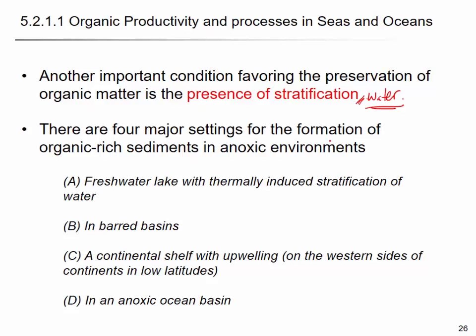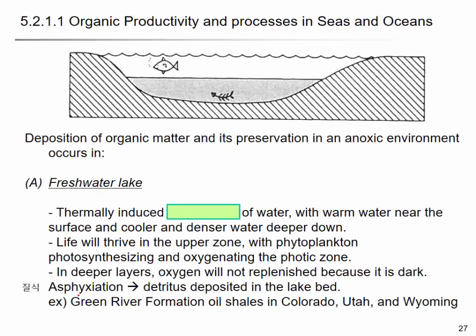There are 4 major settings for the formation of organic-rich sediment in anoxic environments. A to D, we will have the 4 conditions, and let's look at them briefly one by one. First one is the freshwater lake, with thermally induced stratification of water. So you have a density difference between the shallow water and the deep water. You have denser water deep down, so this denser water doesn't move.